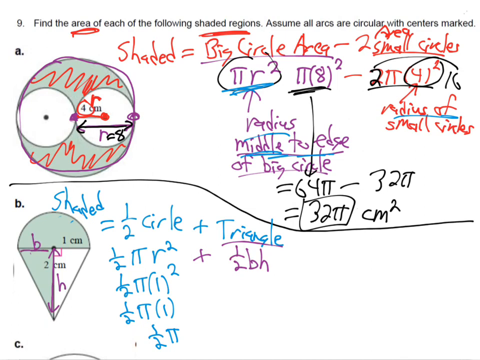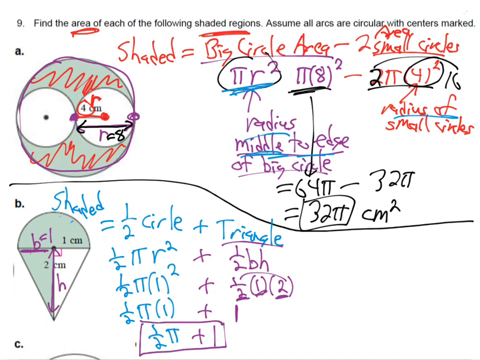And this is the base here, which must be 1, just like the other side's 1. So the base is 1, and the height is 2. So we're going to add these together. A half times 1 is a half times 2. Half of 2 is 1. So the answer is half a pi plus 1.